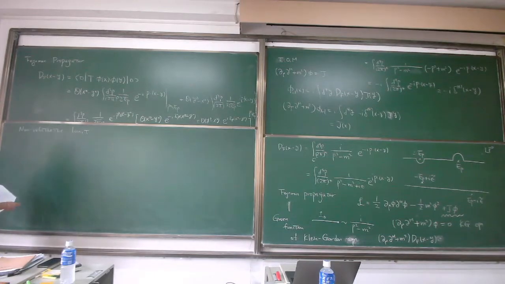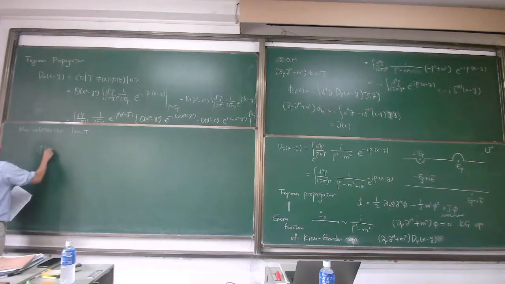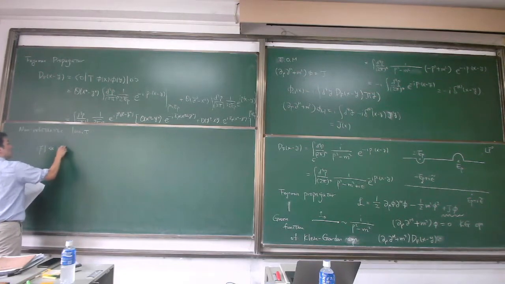So the non-relativistic limit is just that the spatial momentum is much less than the mass.